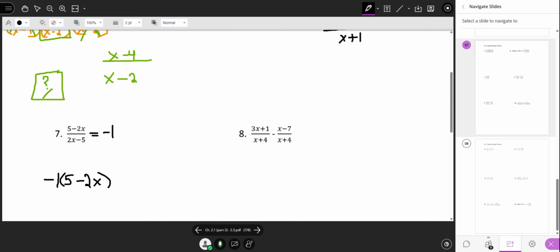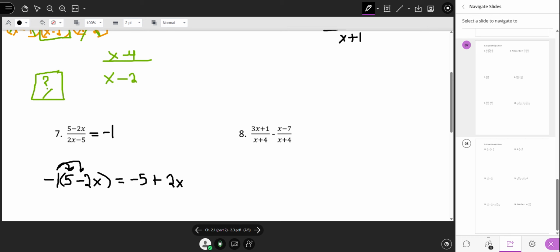This is so cool. Negative times positive is minus. 1 times stuff is stuff. Minus times minus is positive. 1 times stuff is stuff.